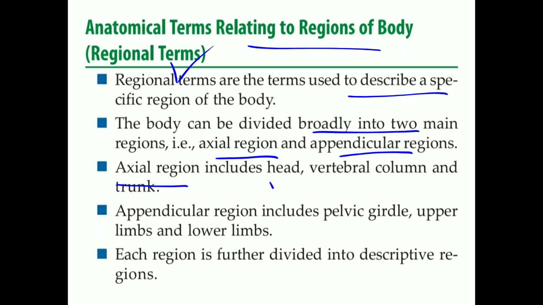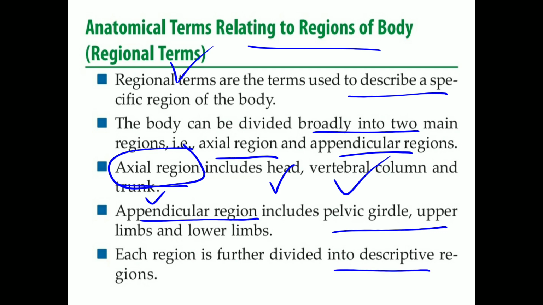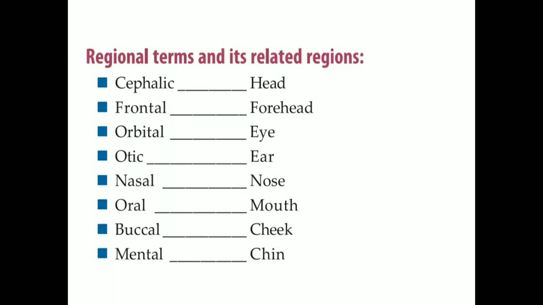The axial region includes the head, vertebral column and the trunk. The main middle part of the body is the axial region, and the appendicular region includes the pelvic girdle, shoulder girdle, upper limb, lower limb, etc. Each of these regions can be divided into descriptive regions further.